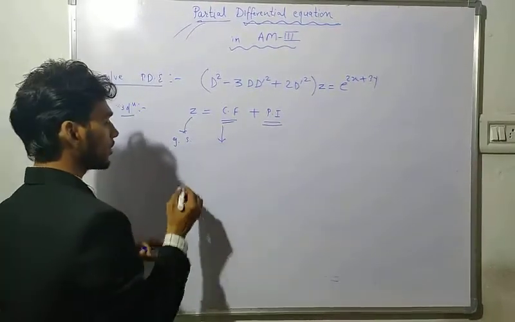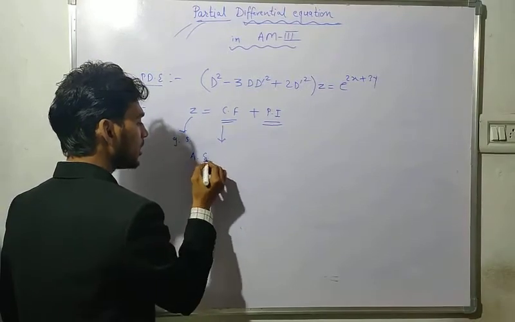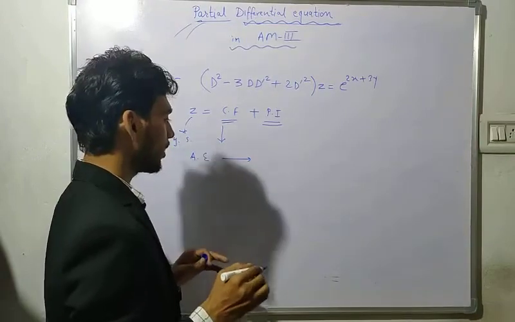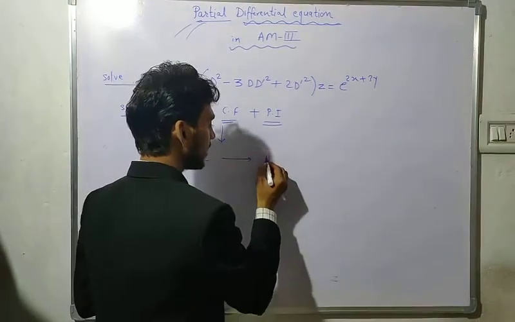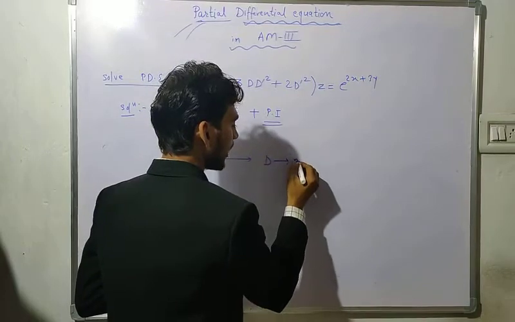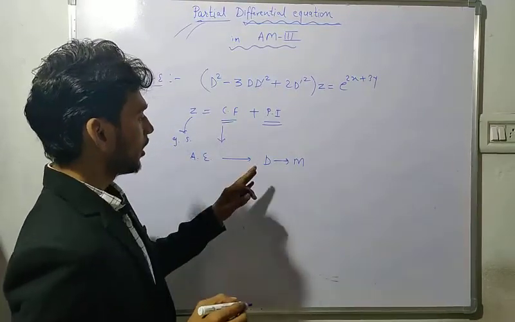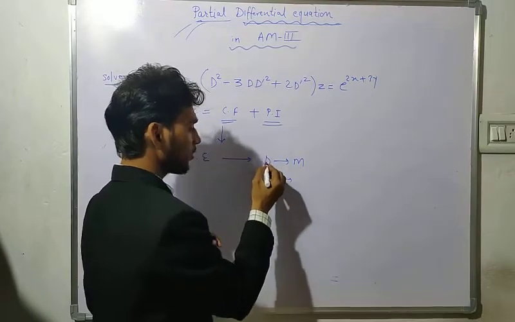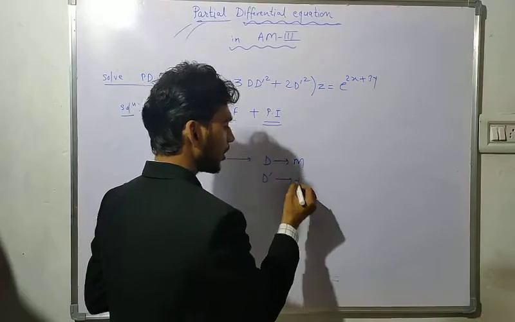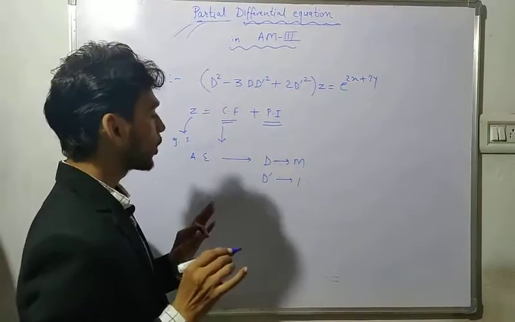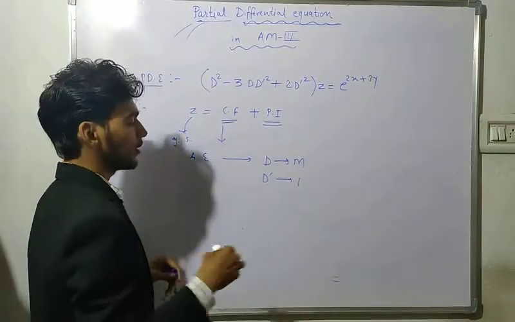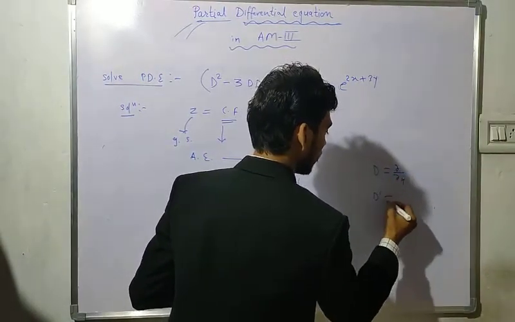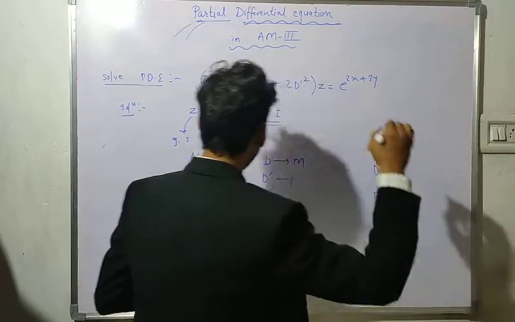For that we first find the auxiliary equation. In first year, to find the auxiliary equation we replaced D by m, but here in addition there is D', so we replace D by m and D' by 1 in the partial differential equation, where D stands for del by del x and D' stands for del by del y.